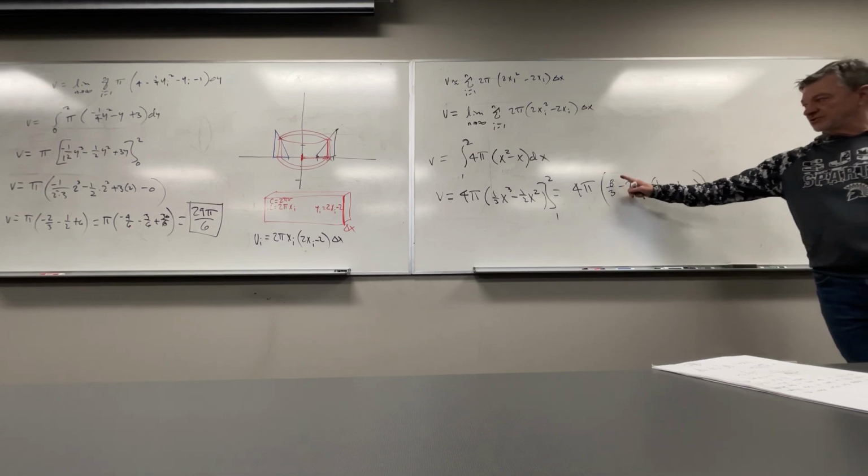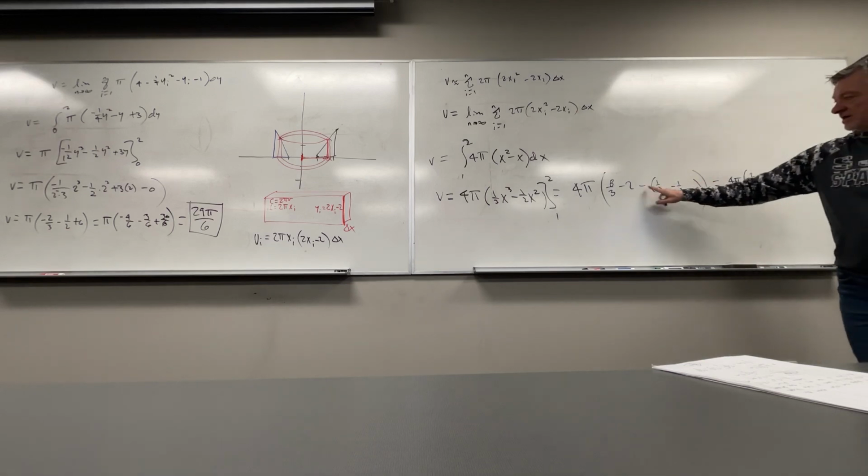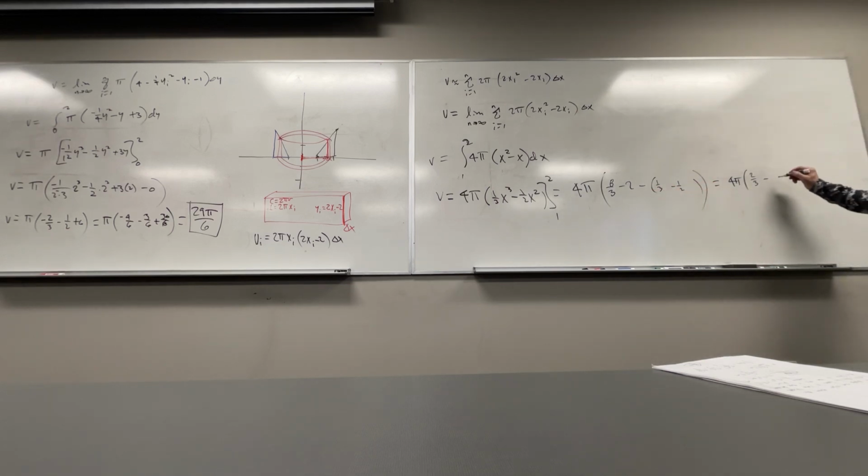So 6/3, so that's gonna be 2/3 out here. Then on the inside, I can distribute that negative, so I'll have minus 1/3 plus 1/2. Did I do that right? So I have 4 pi times, let's see, this is gonna be 1/3 plus 1/2.